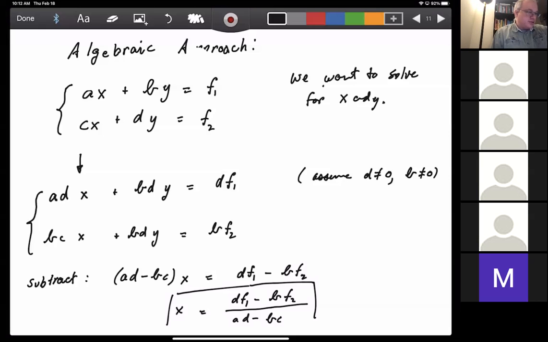So does everyone have what they need from this page? Everybody good? Okay. So AX plus BY.